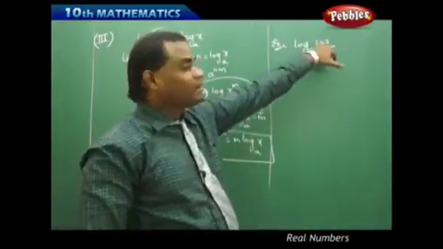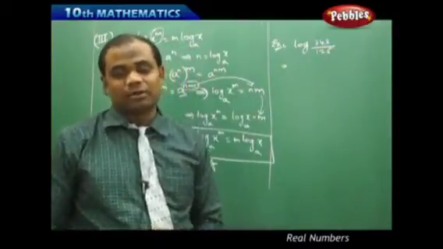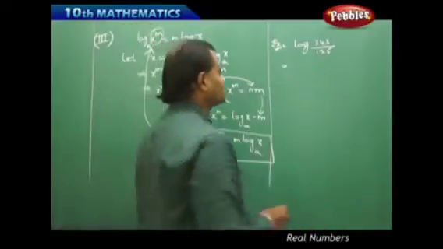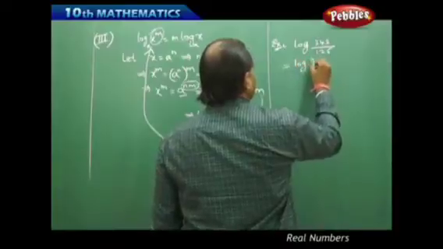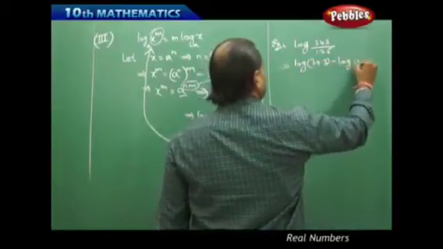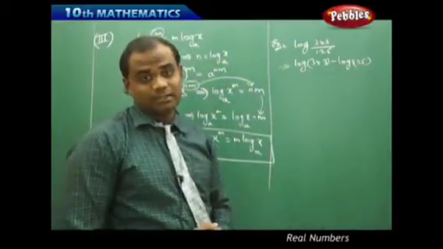Clearly, this is in the form x by y. So my second law of logarithm says that log x by y is log x minus log y. And therefore, this can immediately be written as log 343 minus log 125.